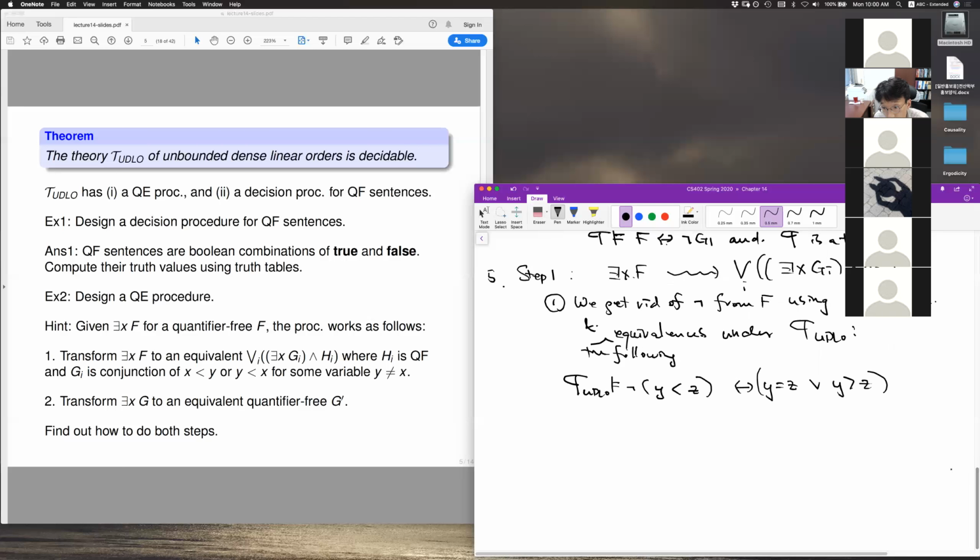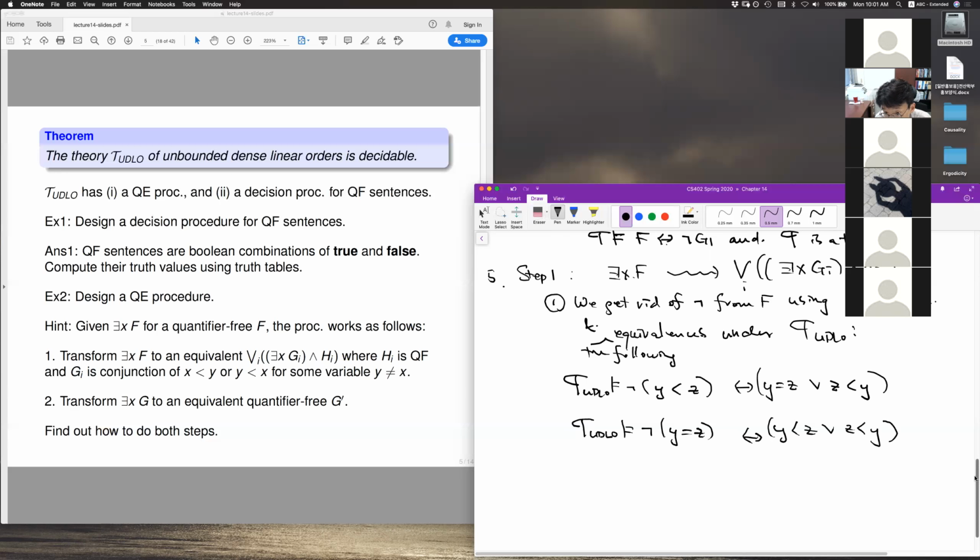That's because of one of the axioms in this theory T. And another one: if y is not equal to z, that is equivalent to y is less than z or z is less than y.